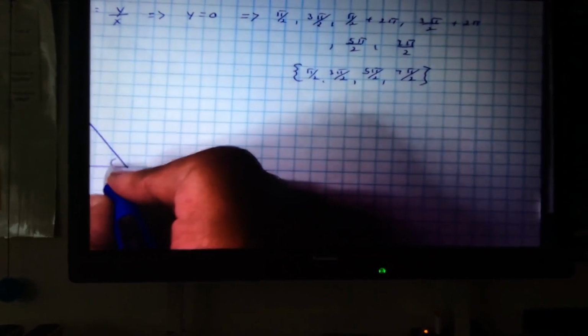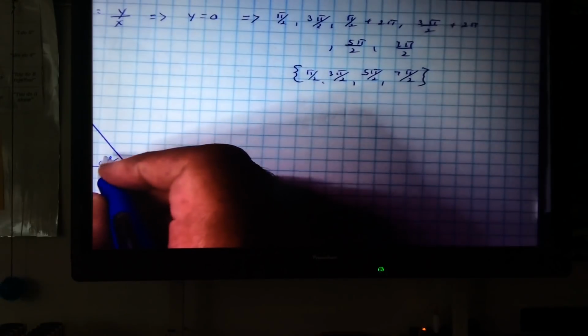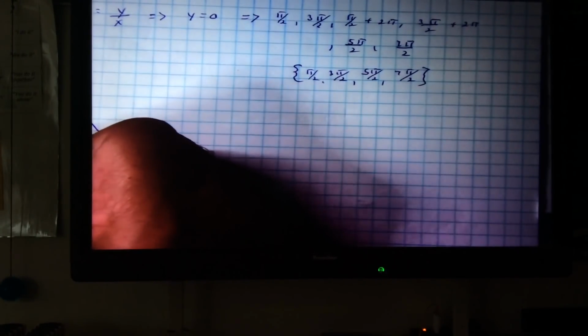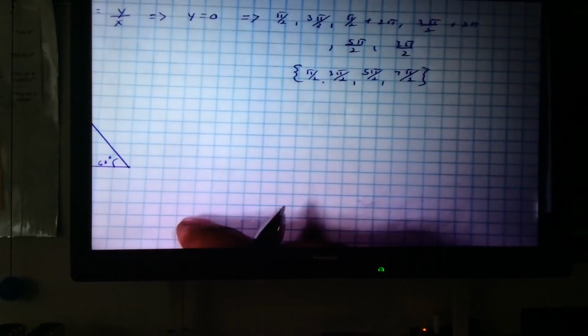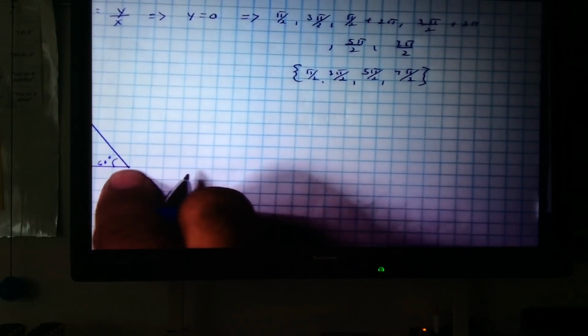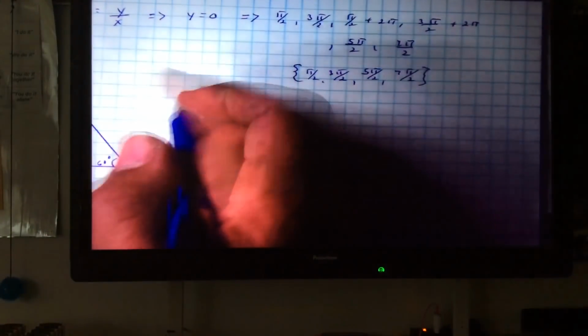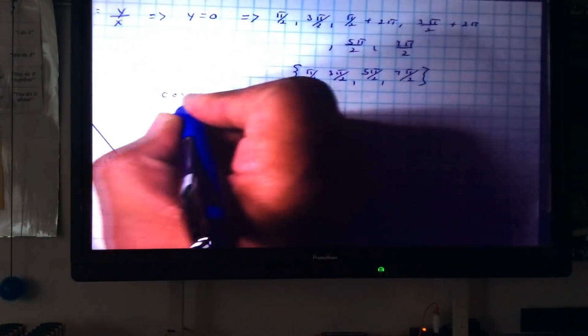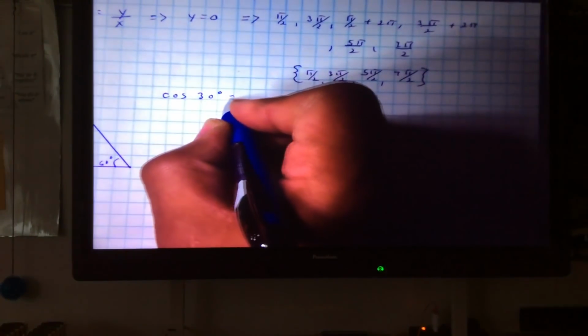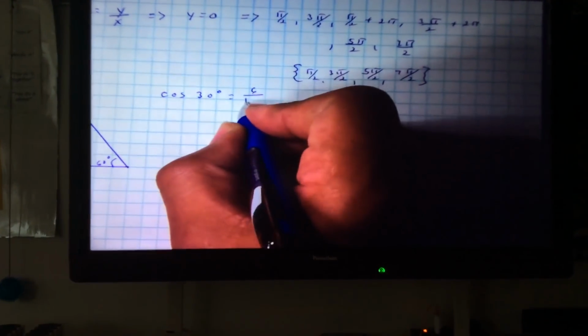That makes this 60 degrees. I know this is 6 over here, and I need to find these other 3 sides. Well, the first thing I know is that the cosine of 30 degrees is equal to the adjacent 6 divided by the hypotenuse. We can see.